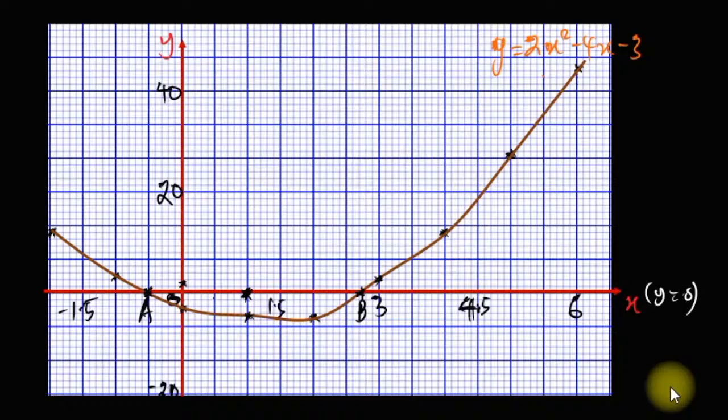Okay, that's the line. So let's label it. The line is y equals minus 2x plus 2.